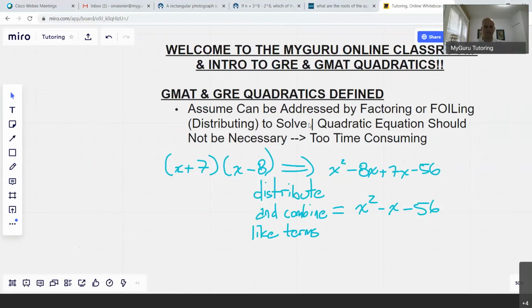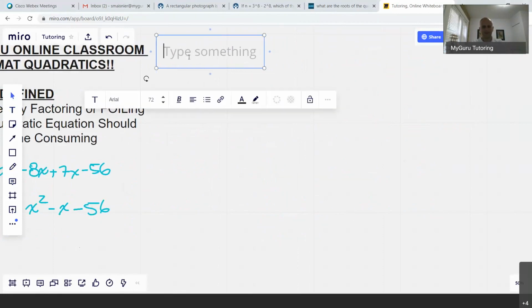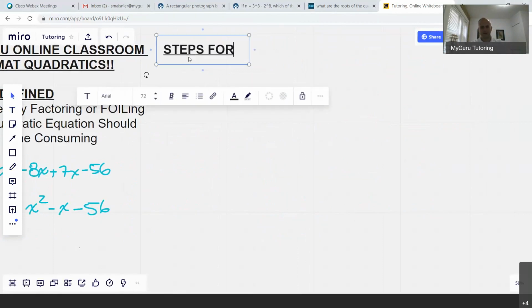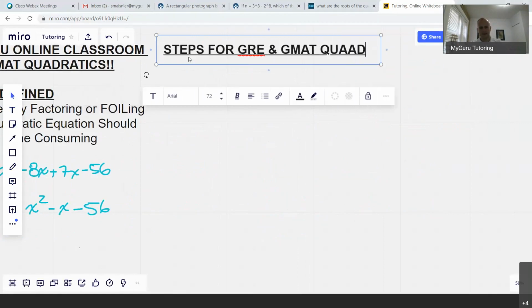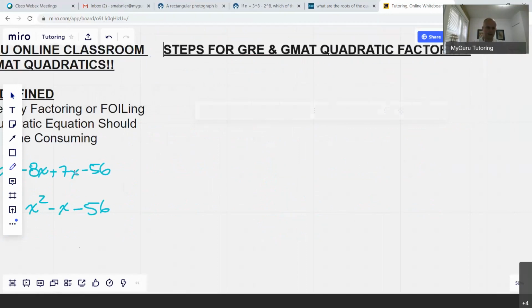So then let's consider quadratic factoring. Over here, we'll just talk about our steps for quadratic factoring. GRE and GMAT quadratic factoring. So let's consider a sample problem here.